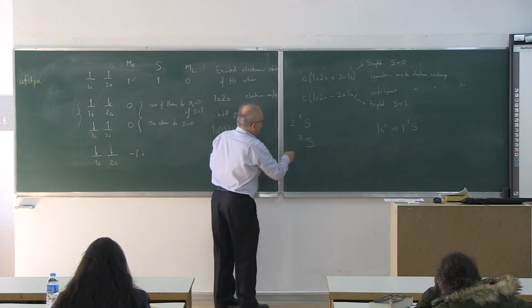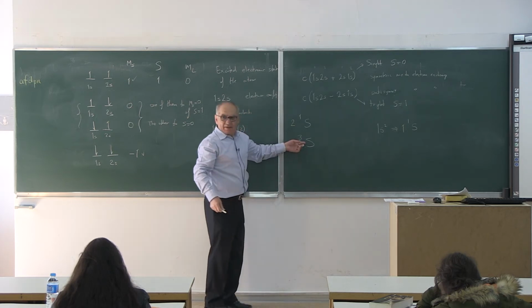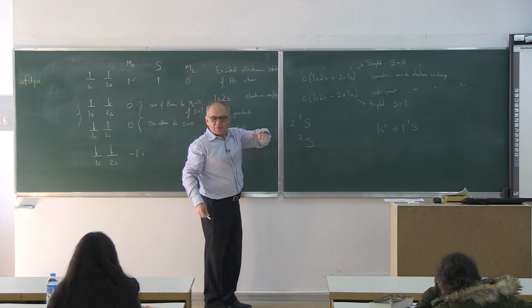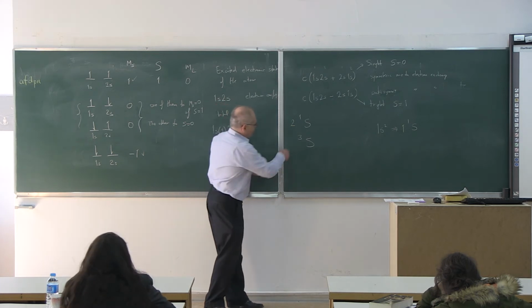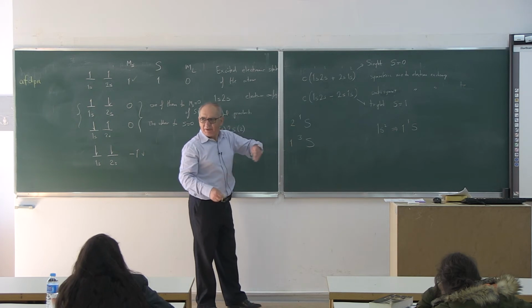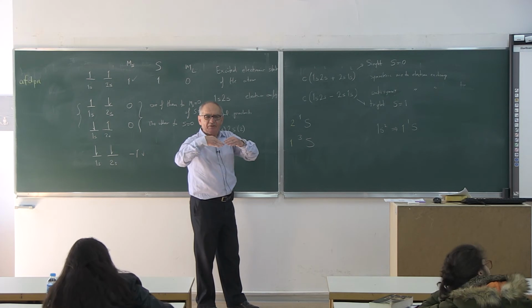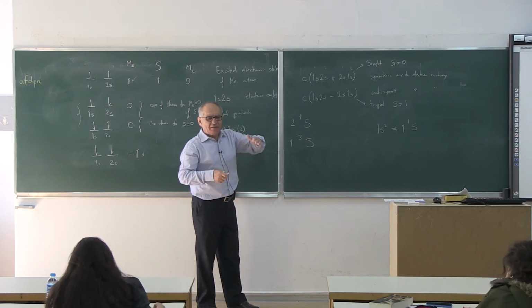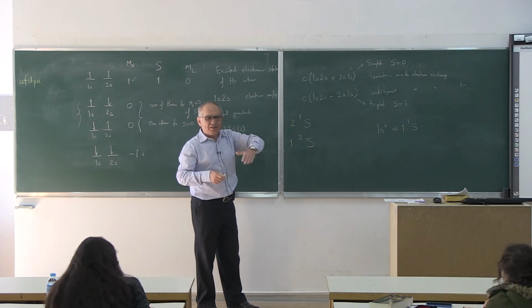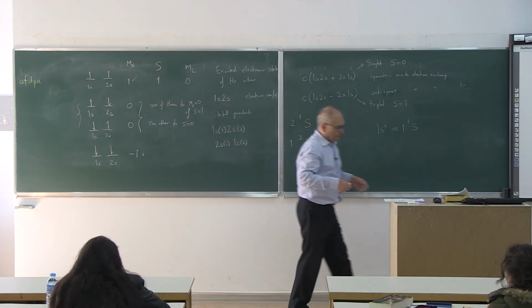And this one, for the triplets, is probably the lowest triplet, so we write first triplet S. This way, the terms are numbered so that you know which one is lower in energy and which one is higher in energy.